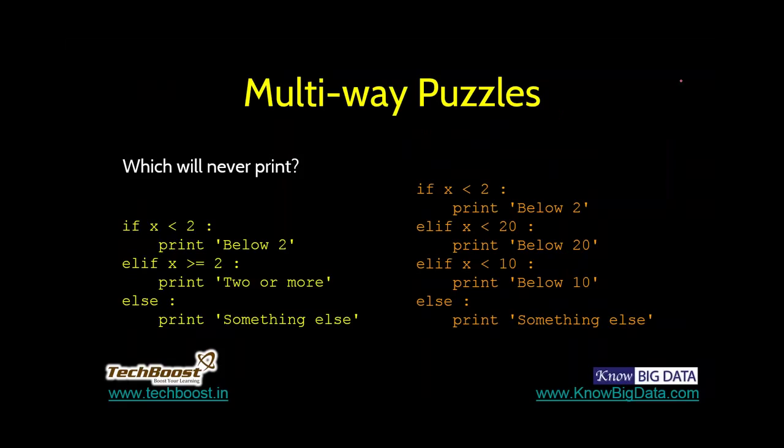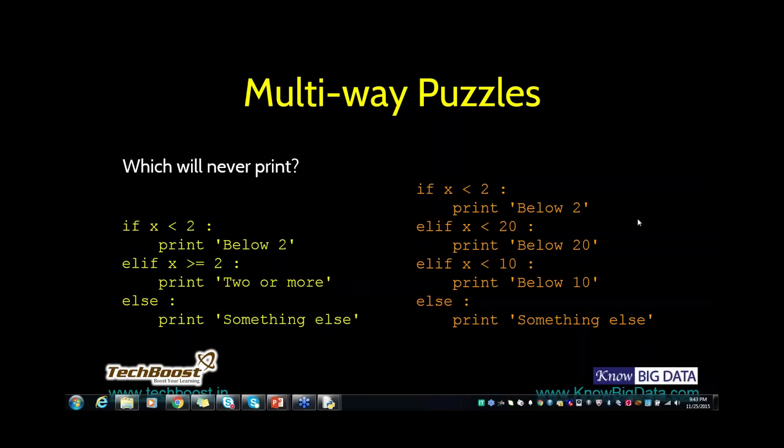Now here I have a puzzle for which I will unmute you and you can try answering this question. Can you hear me? Yes. So can you read out the code over here?